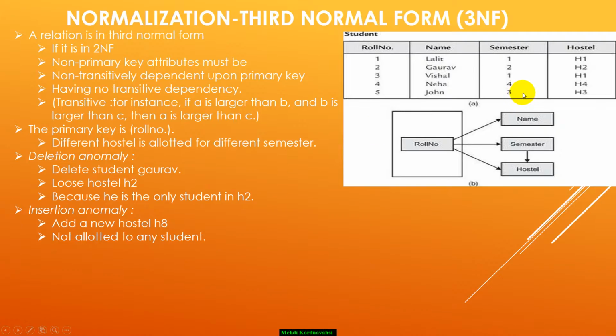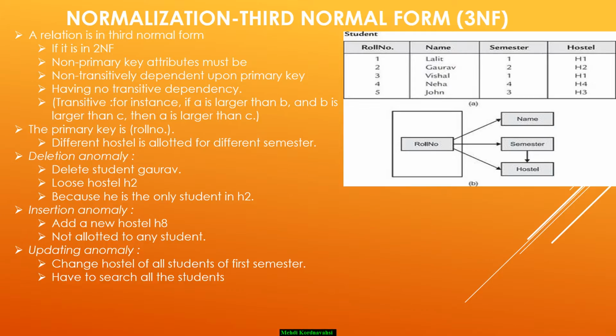And the next anomaly is updating anomaly. If you want to change the hostel of all students of the first semester, you have to search all the students of the first semester and update them individually.